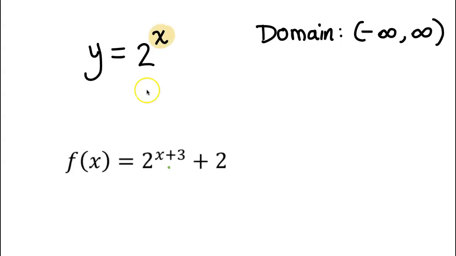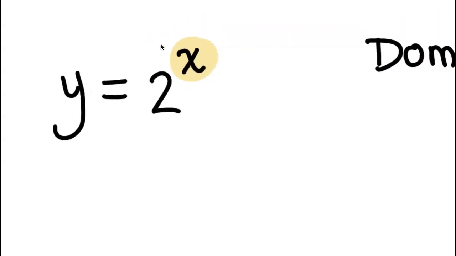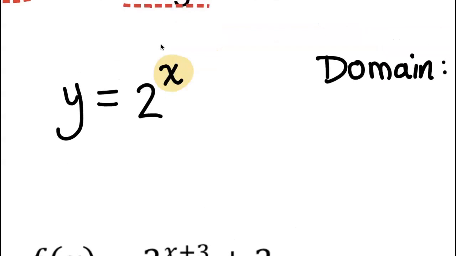What are some possible x values that we can plug in here? In other words, what numbers are allowed to be an exponent? For square root functions, we were not allowed to plug in anything negative. For rational functions, we were not allowed to have 0 in the denominator. But there's no restriction for what kind of numbers can be in the exponent.